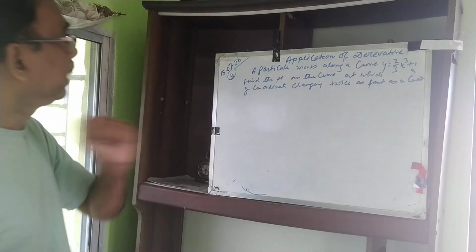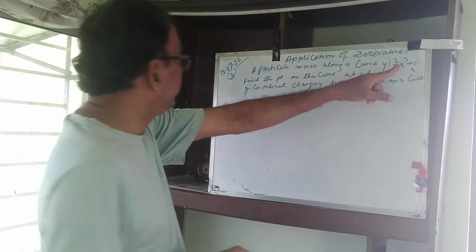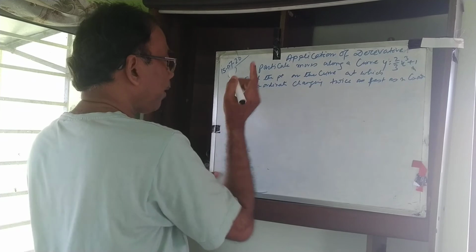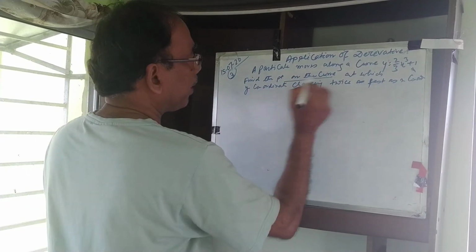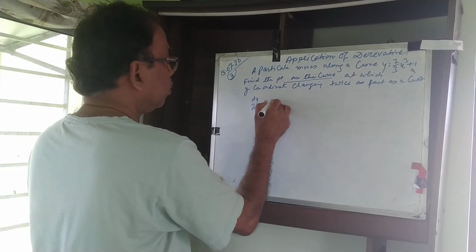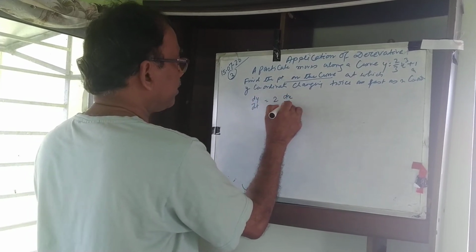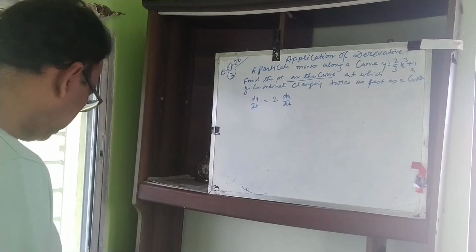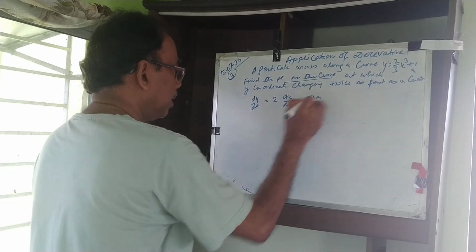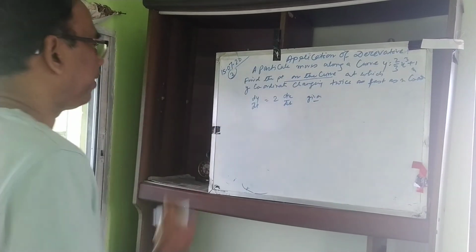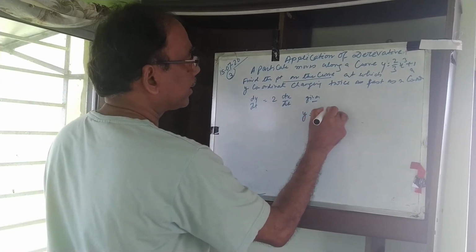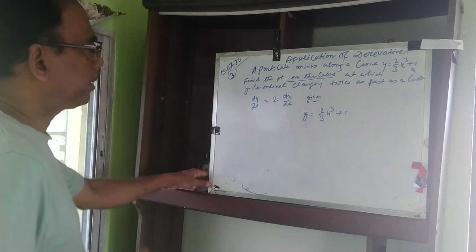So what is the question? A particle moves along a curve; find the point on the curve at which the y coordinate changes twice as fast as the x coordinate, that is dy/dt is twice dx/dt. First, y is given as 2/3 x³ plus 1. Now differentiate with respect to t.